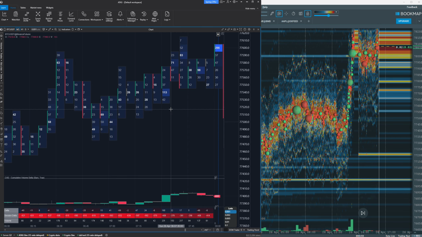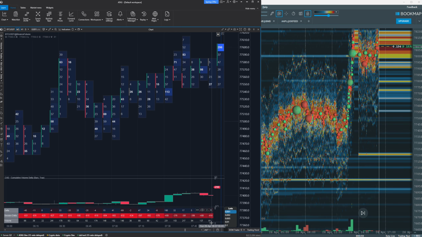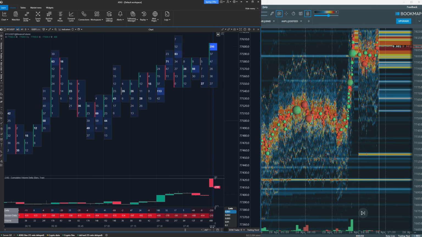And it's interesting because if you compare this volume, which is 179, to this volume, which would be 469, there are a lot of transactions going on in this candle, but price did not shoot to the upside.